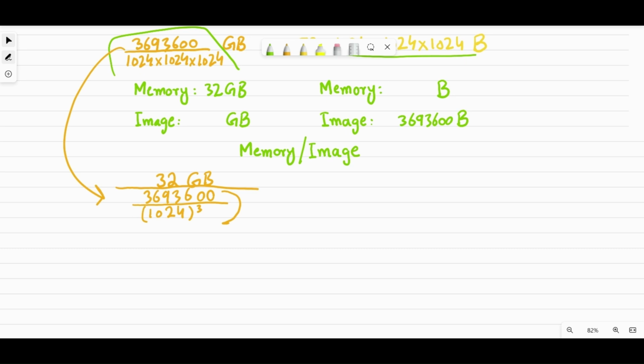Whatever that value is, you just need to do the simple division, and the right-hand side will take its form because this side is in bytes.